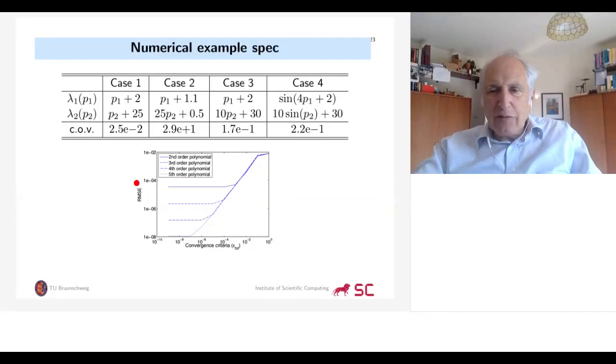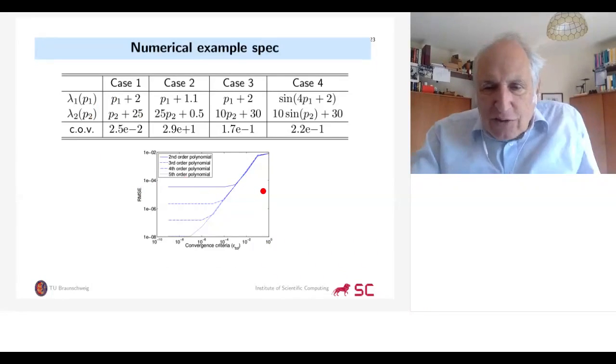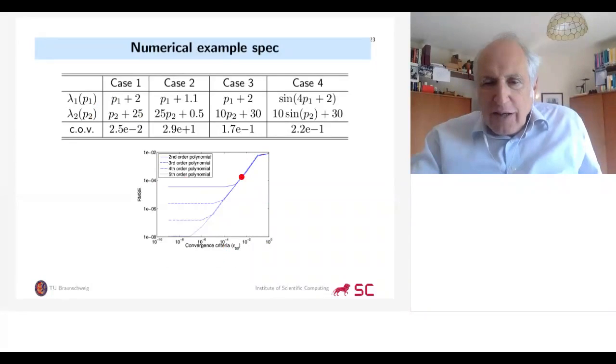And now there's different ways of doing this, okay? And you see here how this converges, okay? We set the convergence tolerance, and this is how the error goes down, the RMSE, okay? Depending on what kind of order polynomials you take in the Galerkin expansion, okay? So this goes down. This is how good you can get with second order polynomials. This is how good you can get with third order polynomials.